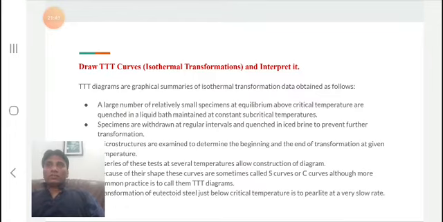Because of their shape, these curves are sometimes called S curves or C curves.